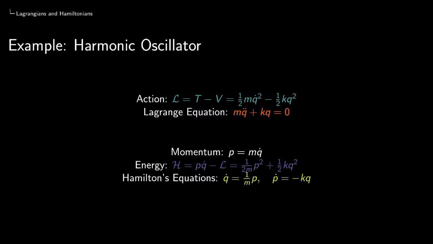You can show it if you just take q double dot. If you differentiate both sides of the q dot equation, you get q double dot is equal to minus k over m q, and a little bit of additional arithmetic will get you back to that Lagrangian harmonic oscillator equation.